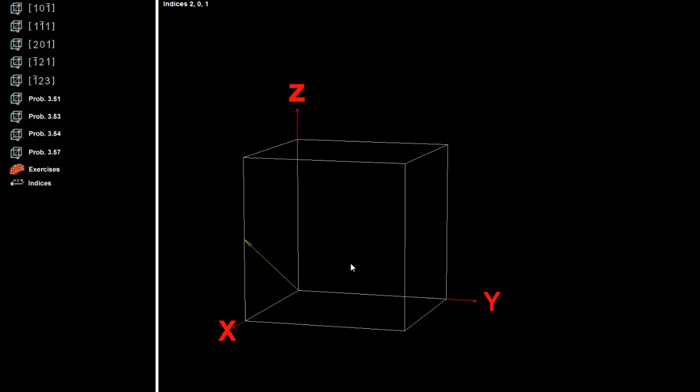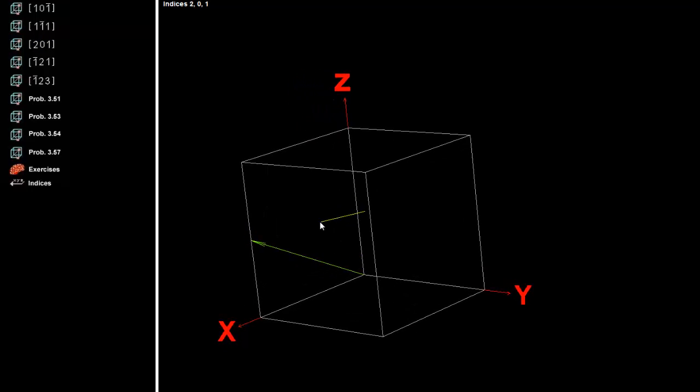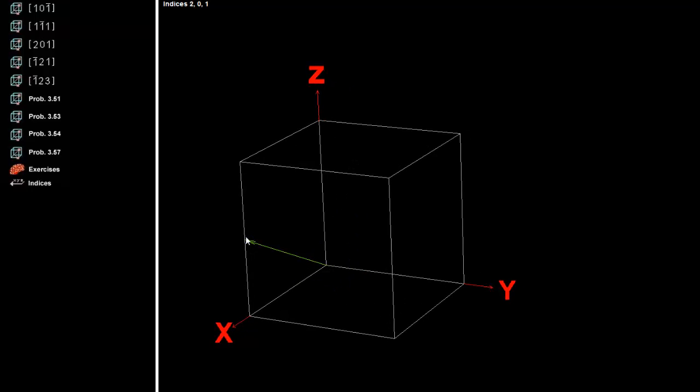This one should be fairly familiar. We just did this one. This is the 2, 0, 1. So it sometimes is a little tough to work with because you don't see it going 2 in x. You only see it going 1 in x. You understand the y because it doesn't go anywhere in y. And it's only going a half in z, but it indicates 1.